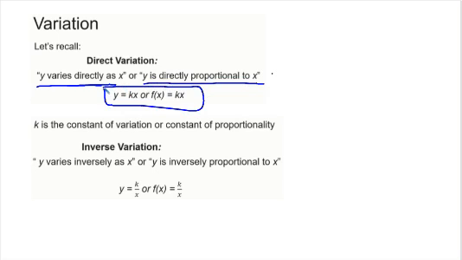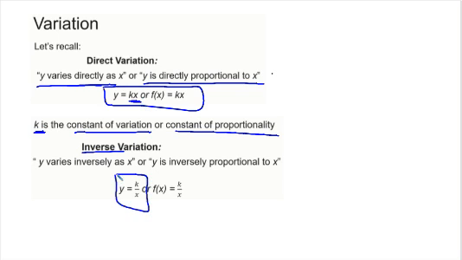And we call k the constant of variation or the constant of proportionality. And if it's inverse variation, the only thing that changes is instead of kx, we have k divided by x, if we're told that it is inversely proportional.